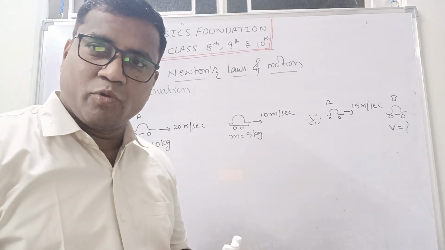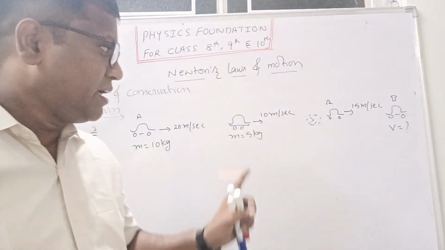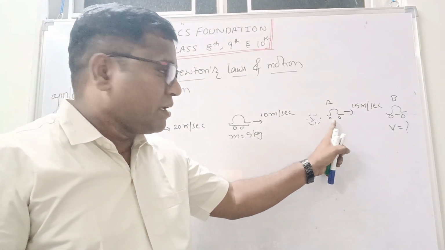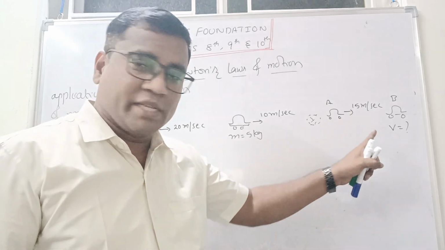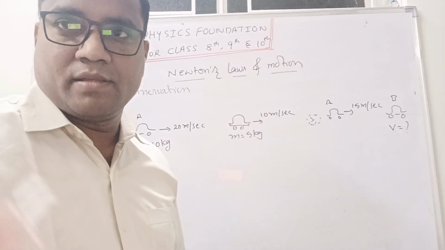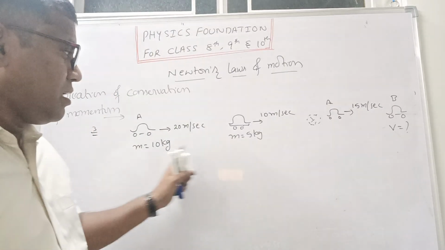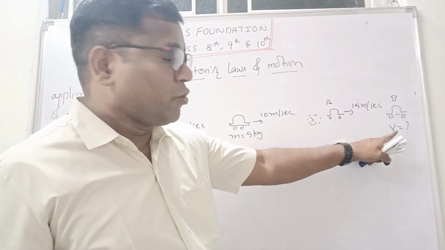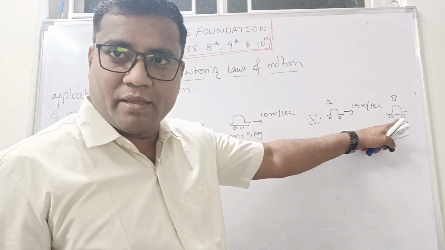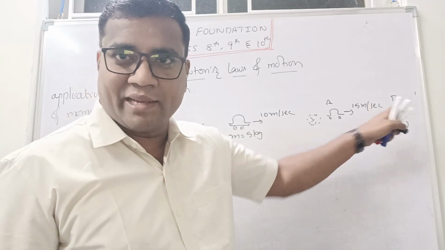Both are moving, and collision takes place. After hitting, A's velocity is 15 and B's velocity we have to calculate. So we are going to calculate the final velocity of car B.